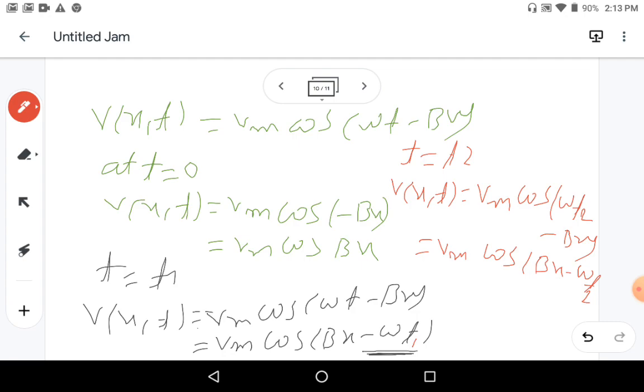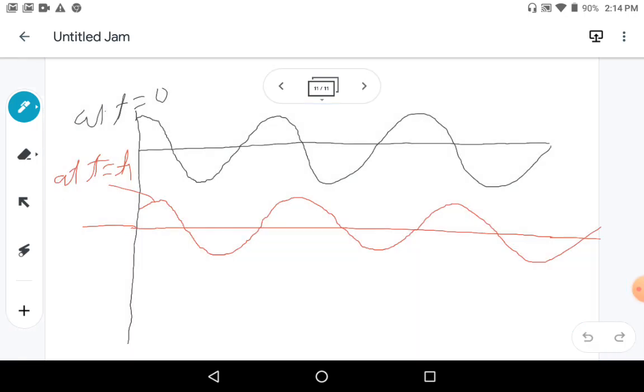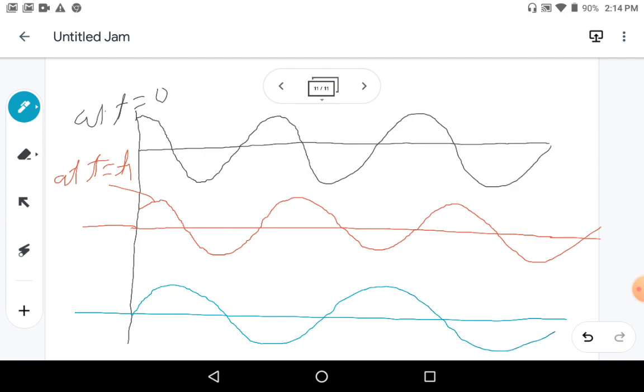If t2 is greater than t1, then omega t2 is greater than omega t1, so the third curve lags the previous two curves. Now the third curve is here. This instant is at t equals t2.